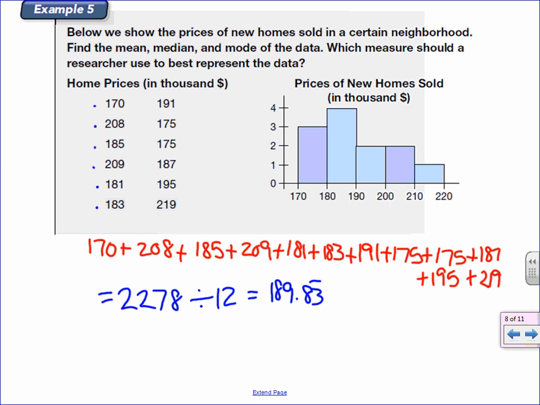And then I'd look at all these numbers that I have, and since none of them have decimals, I would round it to the ones place. Remember, the squiggly equal sign says it's about equal to. It means I'm rounding. So I would call that 190. The 8 rounds this 9 up to a 10, which makes this 8 turn into a 90.